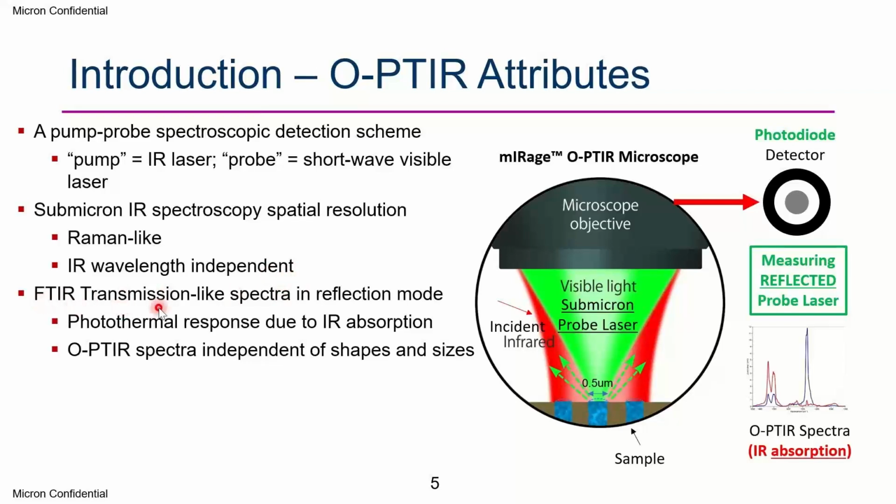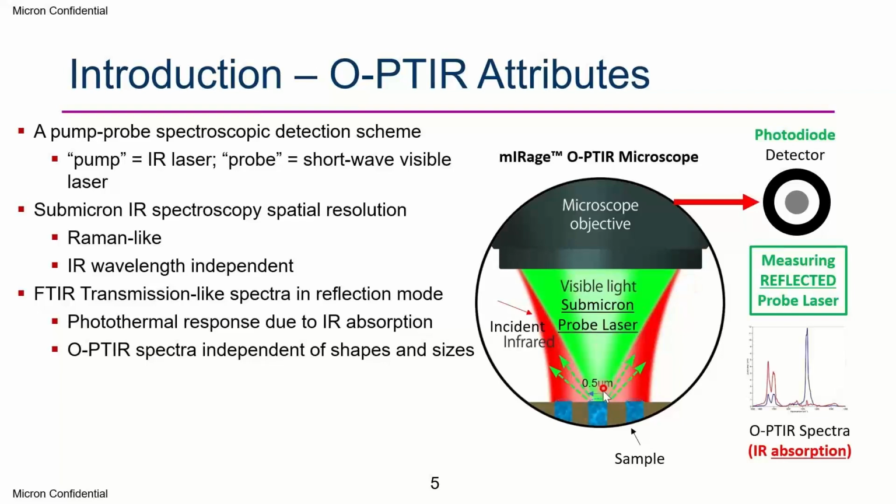The third interesting point for OPTR is that it uses FTIR transmission-like spectra in reflection mode. What does this mean for us? The photothermal effect reacts with the sample area of interest, and it actually absorbs the IR. But what brings this IR back to the detector is similar to a reflective mode.